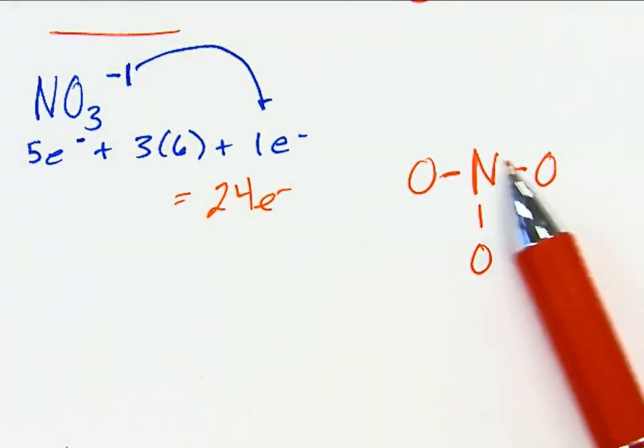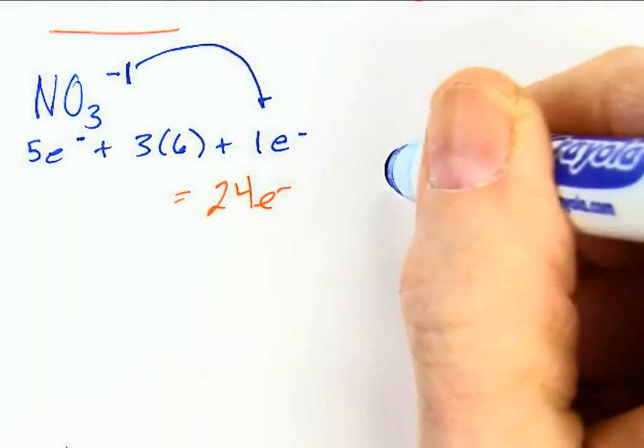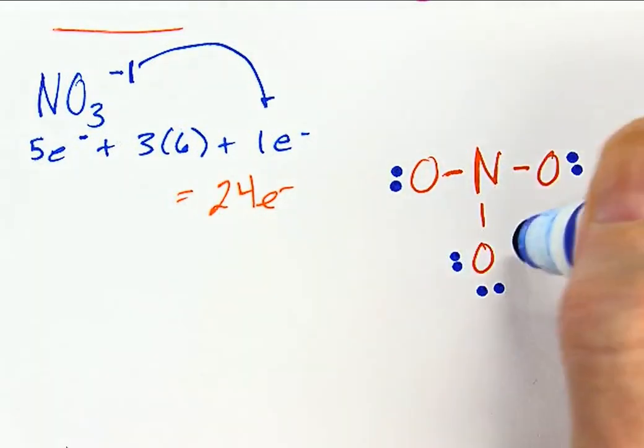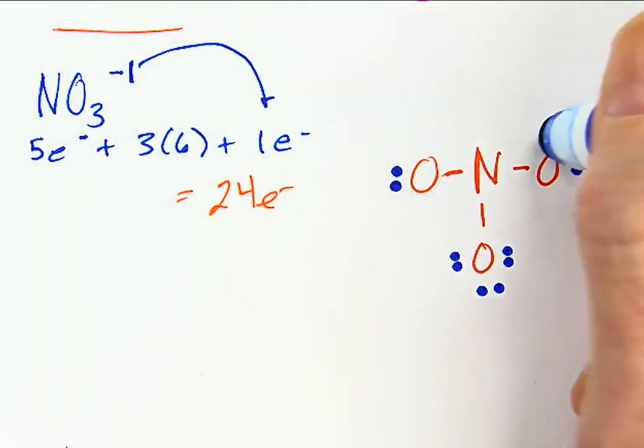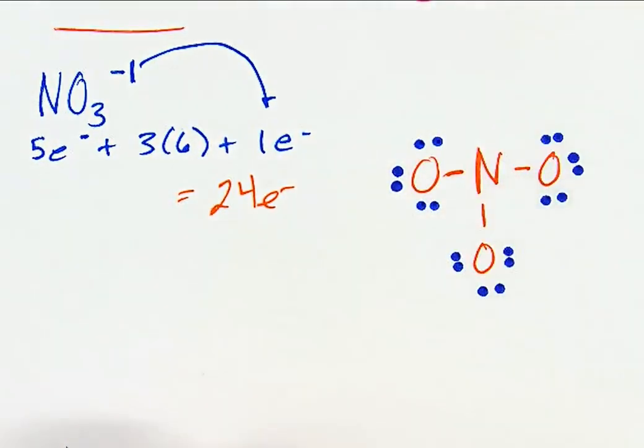We currently have 2, 4, 6. And then what happens? We have to get up to 24. So we have 2, 4, 6, 8, 10, 12, 14, 16, 18, 20, 22, 24. I always draw them away from the central atom. It just works best. Okay?